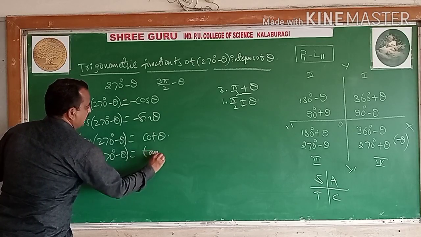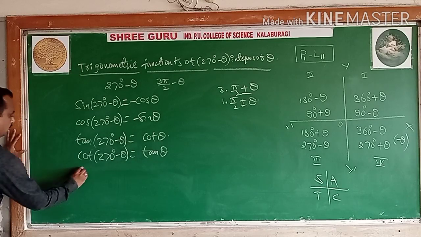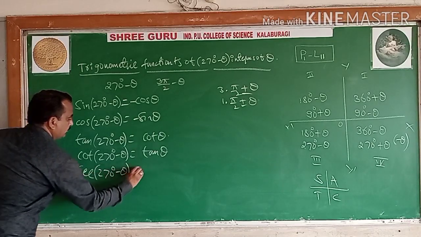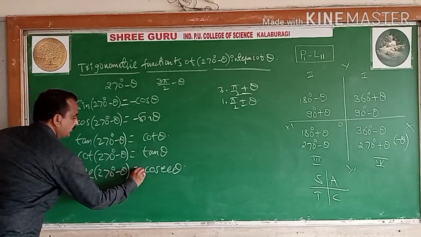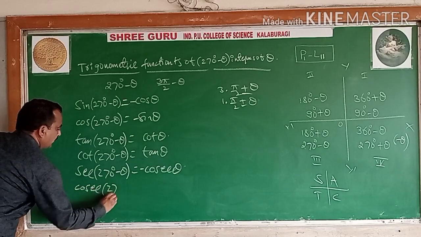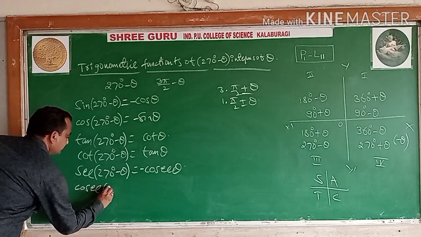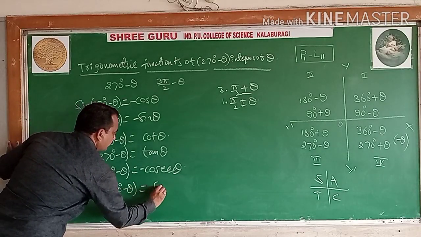Cot 270 minus theta: cot changes to tan. Tan changes to cot. These two are positive because of the third quadrant. Sec 270 minus theta: sec changes to cosec. Is it positive or negative? Negative. Cosecant of 270 degree minus theta: cosecant changes to sec theta.